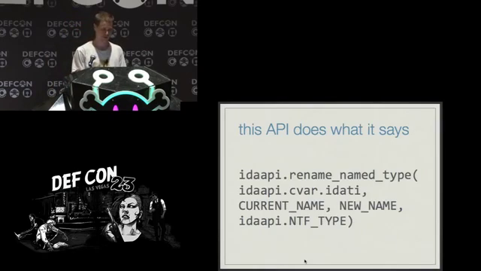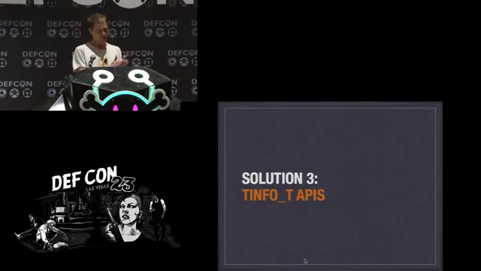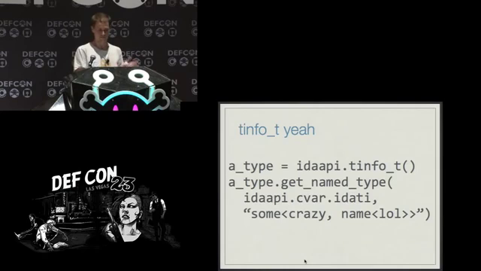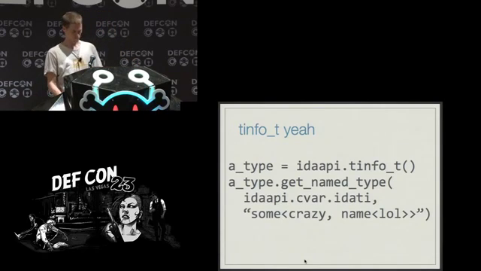Okay. So then, the tinfo_t API, this is in Hex-Rays, I think. So you create a tinfo_t. Tinfo is type info, and the _t is just something that's on all of those types. Then you can call get_named_type on that tinfo_t.